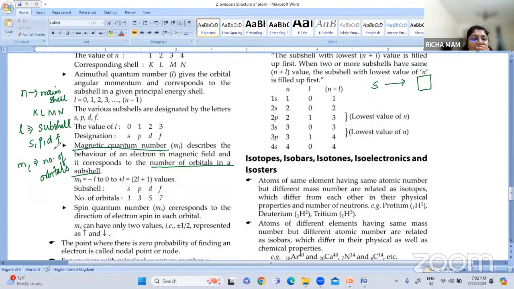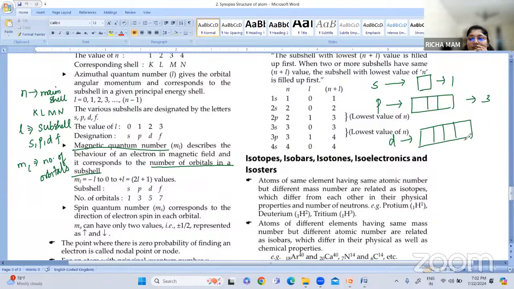So in S, P, D, and F, S has one orbital. P has three orbitals. D has five orbitals. And F has seven orbitals.